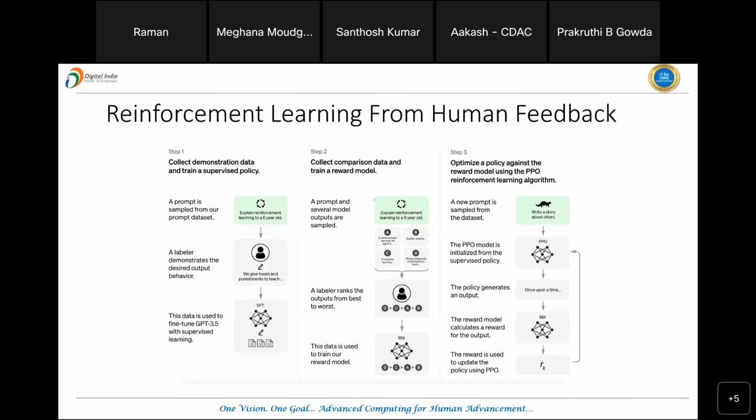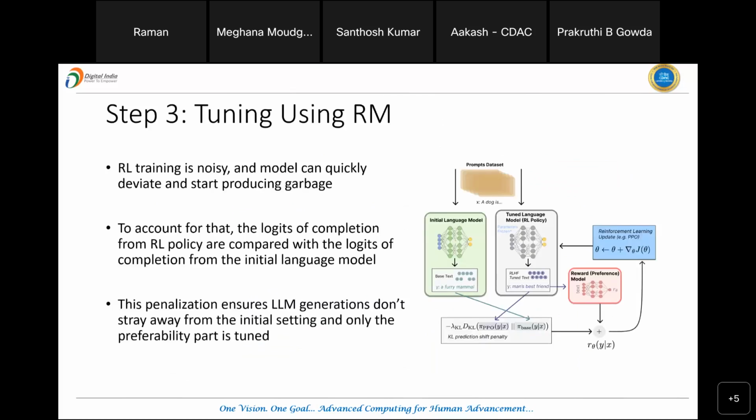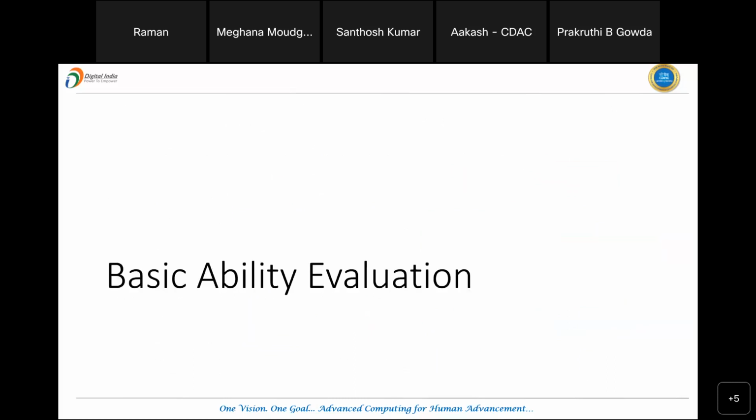For that itself, you need to collect some data, train a reward model. Once it's done, you plug your reward model and your supervised fine-tuning model into the PPO algorithm, and you finally get a language model which is aligned well with human feedback. So that was overall RLHF, or the entirety of model adaptation in general.